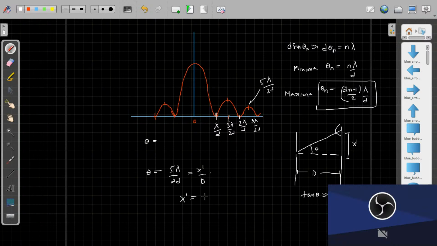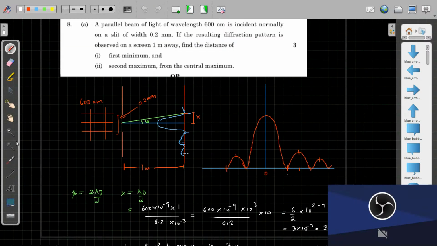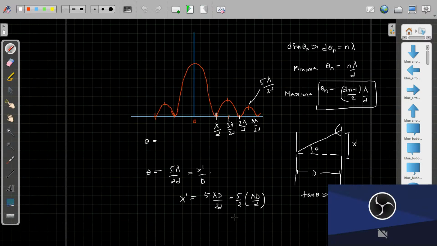So x dash must be equal to 5 lambda D by 2d. So we can write this as 5 by 2 into lambda D by d. But wait, lambda D by d we determined just now. It is 3 millimeters. So we can put it there. So it should be 5 into 3 into 10 to the power minus 3 by 2.